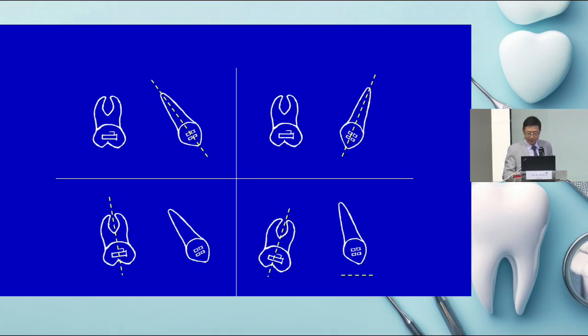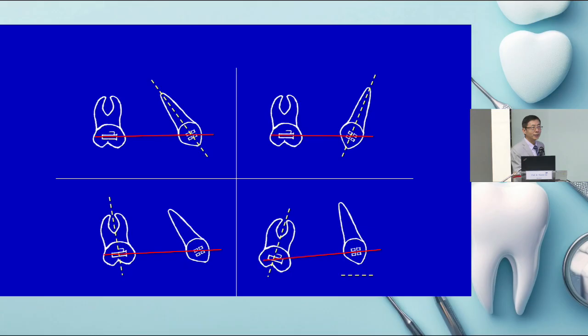In that case, we now can analyze straight wire this way. We put a straight wire in and compare the archwire-slot angulation. In this one, which wire-slot angulation is larger?